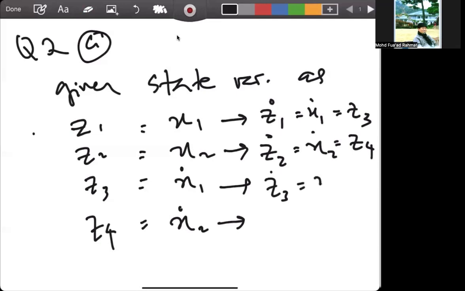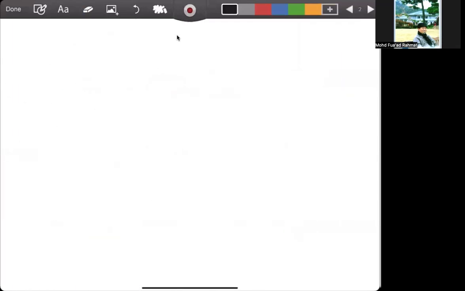Z3 dot is equal to X1 double dot, which we have to derive, and Z4 dot is equal to X2 double dot. Both of these we need to derive from the differential equation. But before we write the differential equation, we must draw the free body diagram.